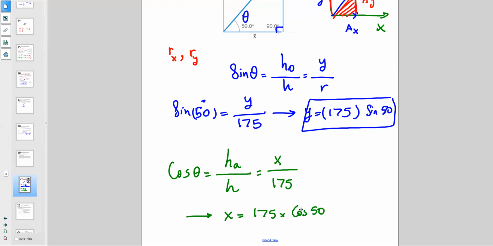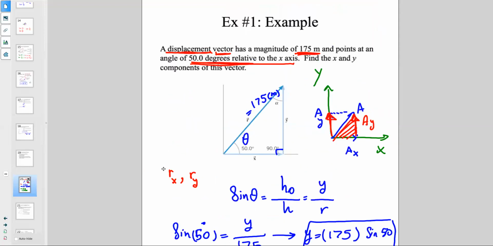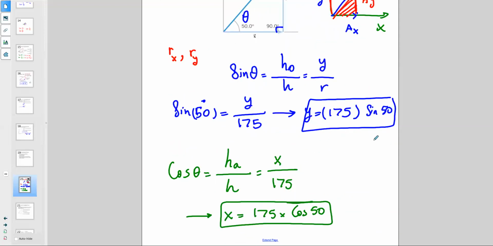So cosine of 50 times 175 is my x, or the projection of the vector along the x direction. So I found the r along the y direction, and I found the r along the x direction.